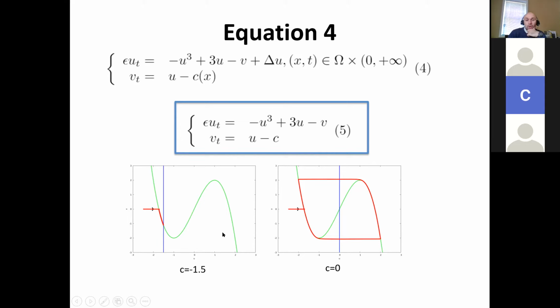C is a vitesse? No, C is just a parameter. It appears here. So this is the solution for C equals minus 1.5. This has nothing to do with traveling waves. Well, it could, but this C has nothing to do with the speed of a traveling wave. It's just a parameter.